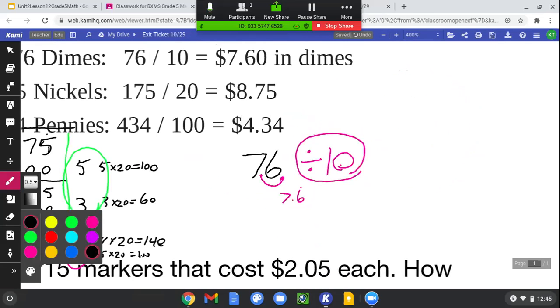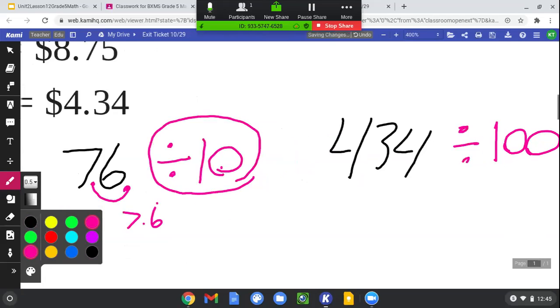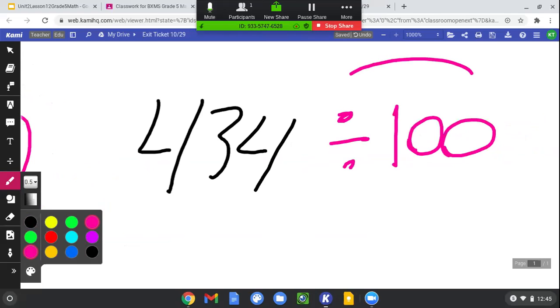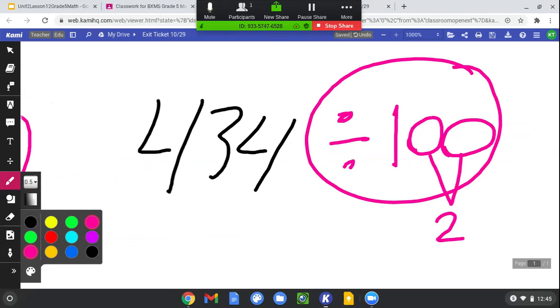Well, what about the pennies? How did I do that one so quickly? Same thing, 434, but a penny. We're doing pennies, and there are 100 pennies in $1. So I am dividing 434 by 100. When I divide by 100, I am decreasing by 2 place values.